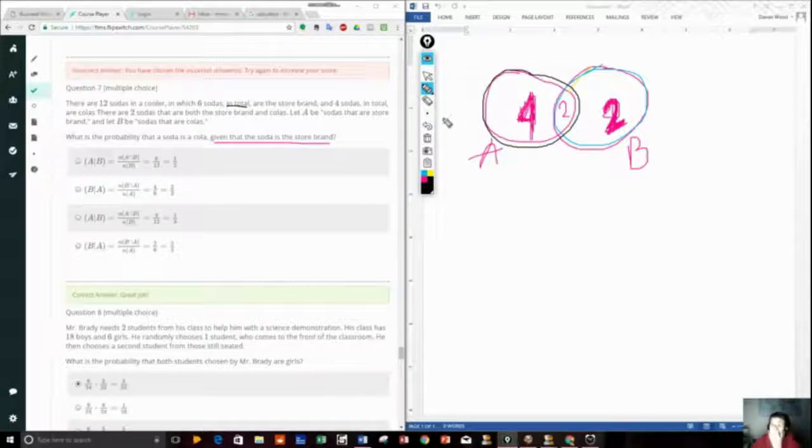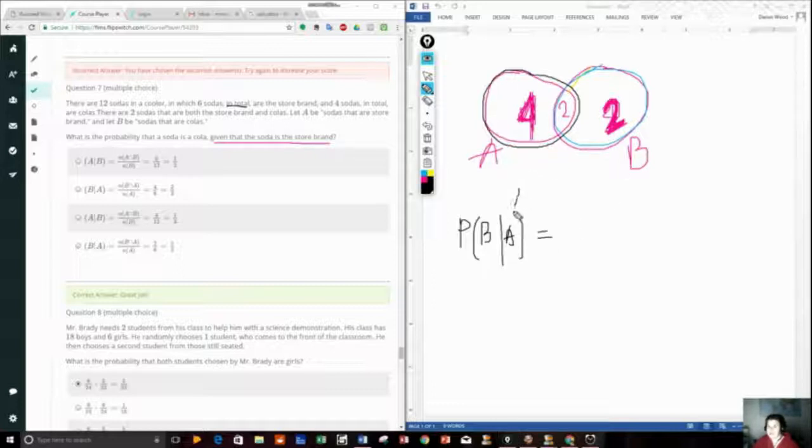And so now they want to know, what is the probability that a soda is a cola? So probability of B, given that the soda is store brand, so given that it's A. And when I have a Venn diagram, I honestly am not worried about a formula because I can visualize it.